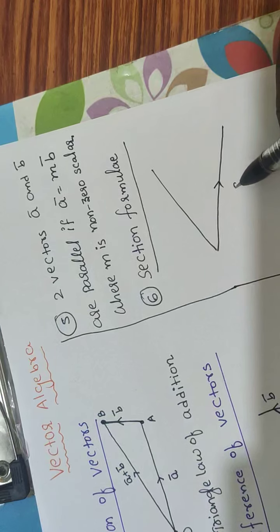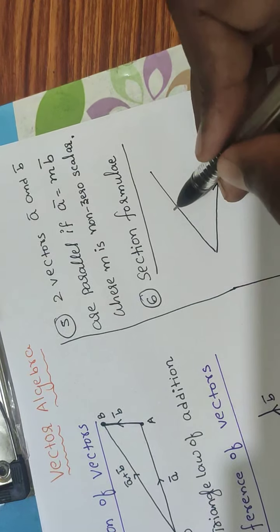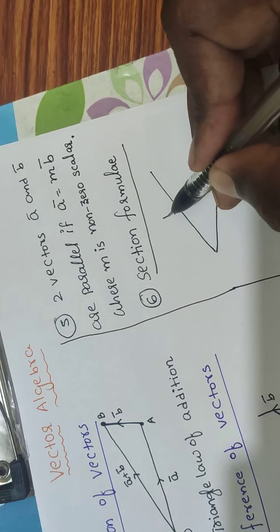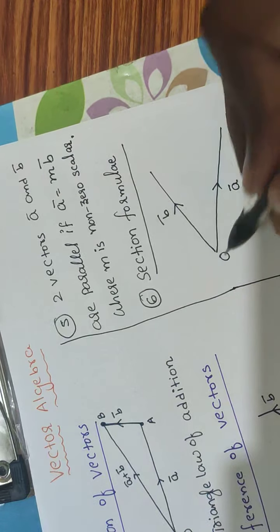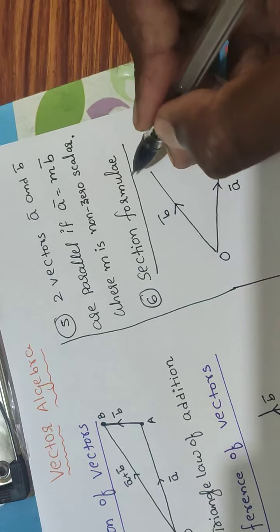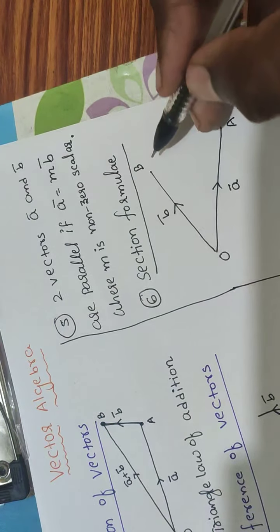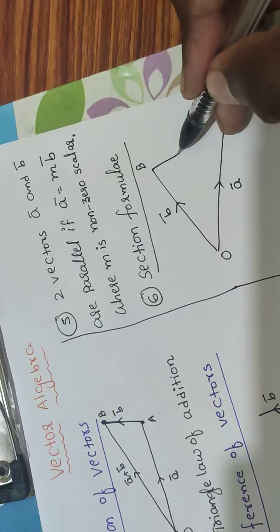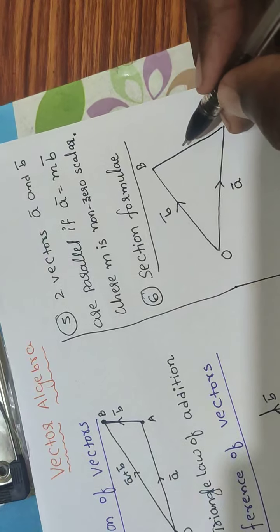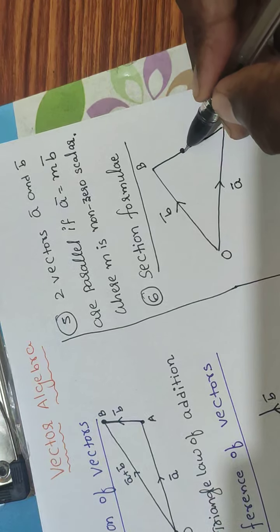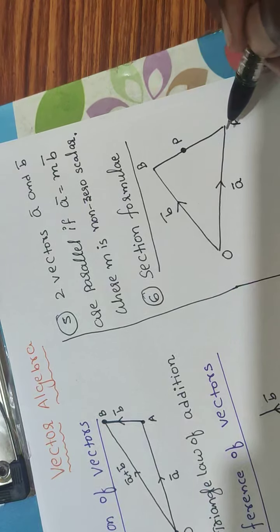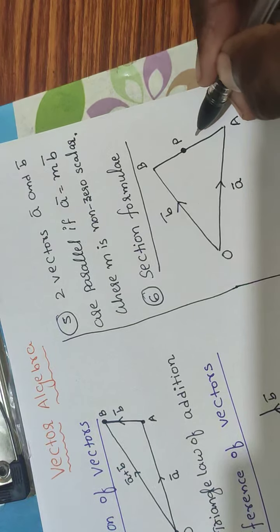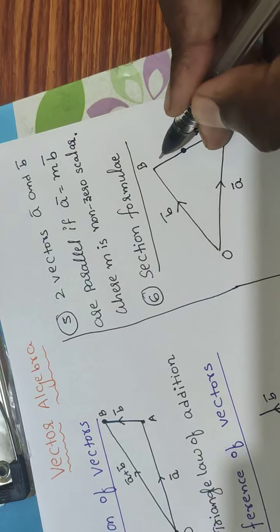This vector is a bar, this vector is b bar. O, A, B. On this line, one more point is there, that is P. This P divides AB in the ratio m is to n.